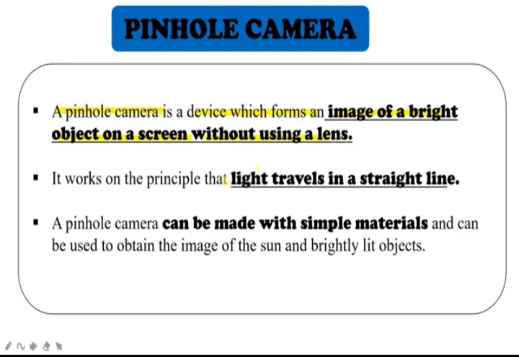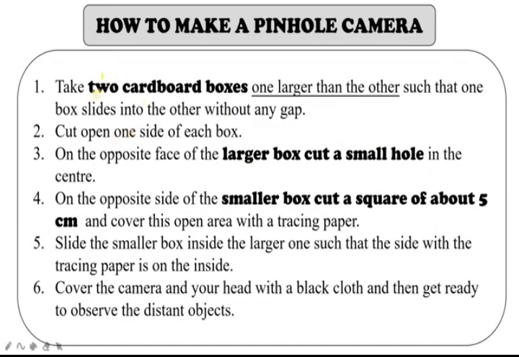It works on the principle that light travels in a straight line. We all have learned that light travels in a straight line. A pinhole camera can be made with simple materials and can be used to obtain an image of a particular area. Take two cardboard boxes.